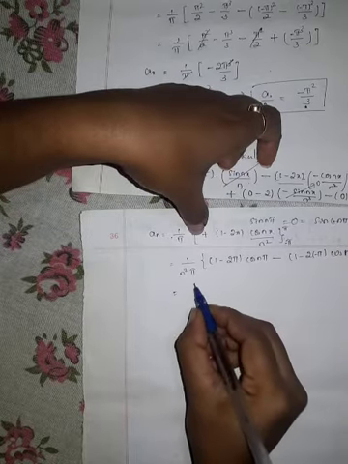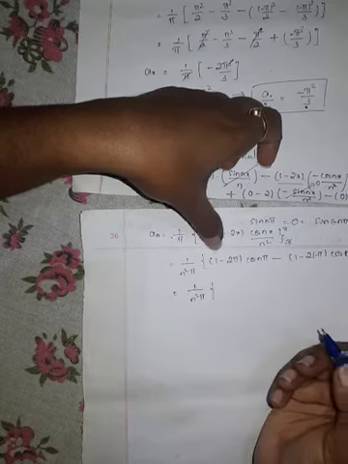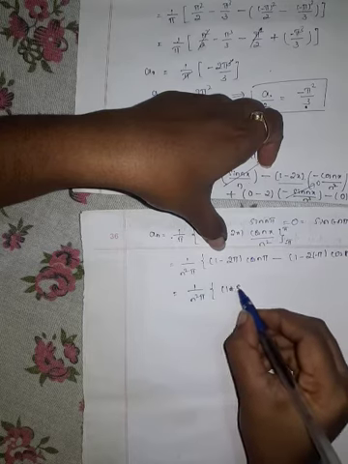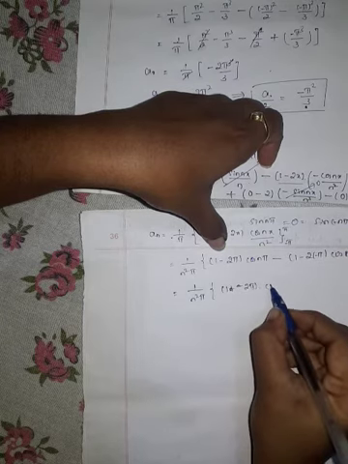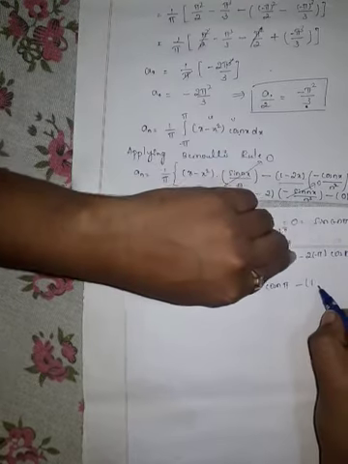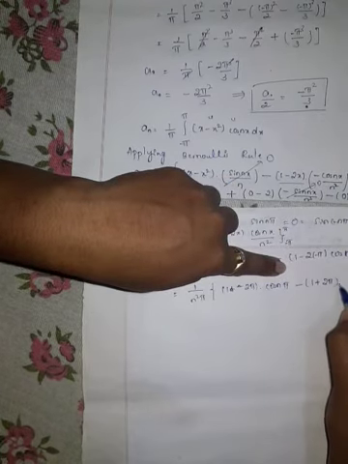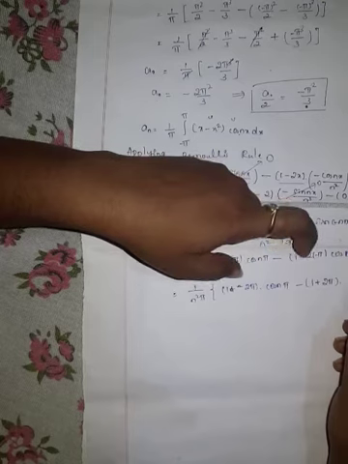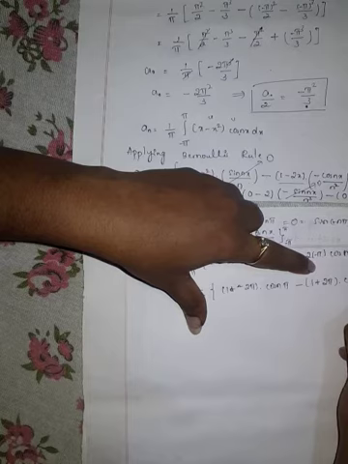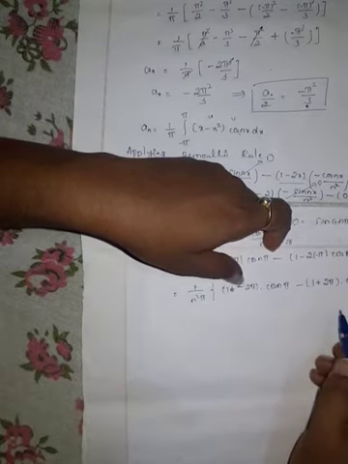Simplify this one. 1 divided by n square pi as it is. This is 1 minus 2 pi into cos n pi, minus 1 into 1, minus of minus is plus 2 pi into cos n pi, as you know that cos of minus x is cos x only. I'll take cos n pi, which is common, outside.